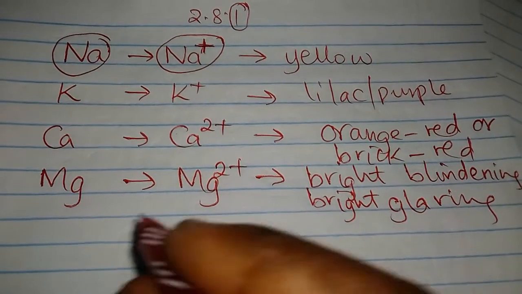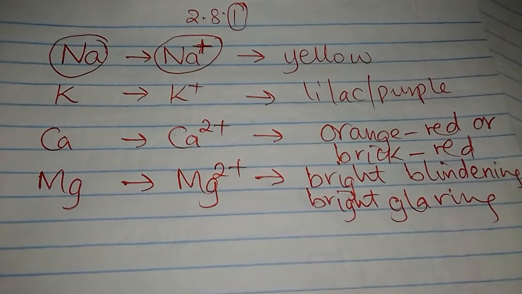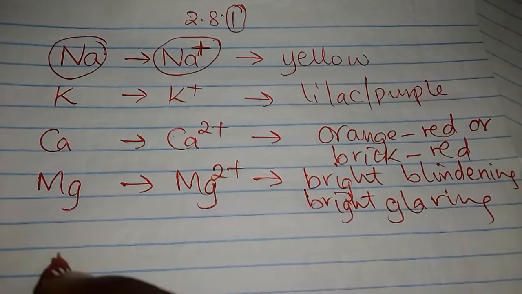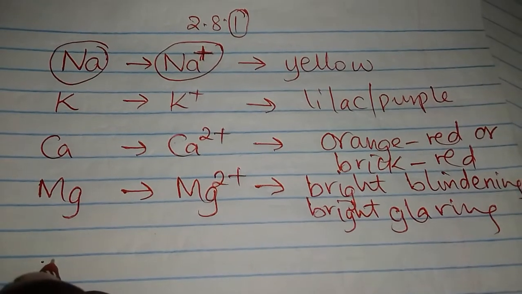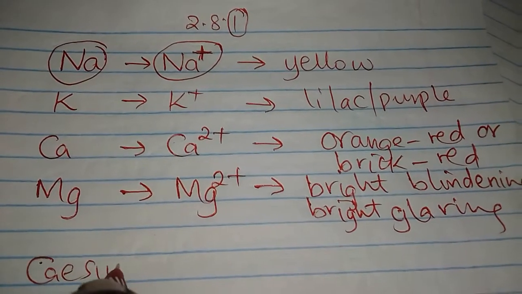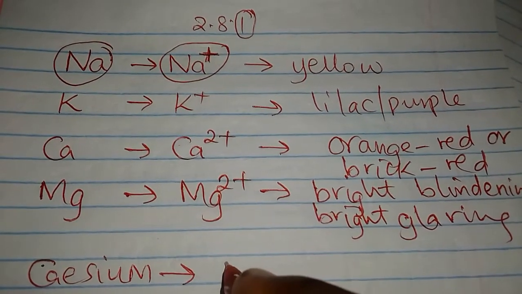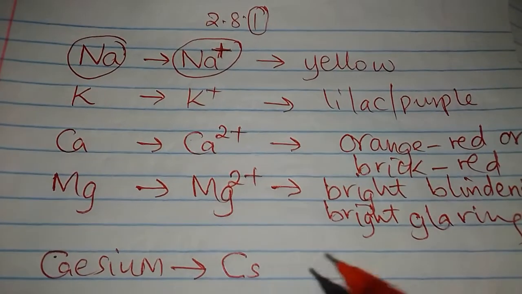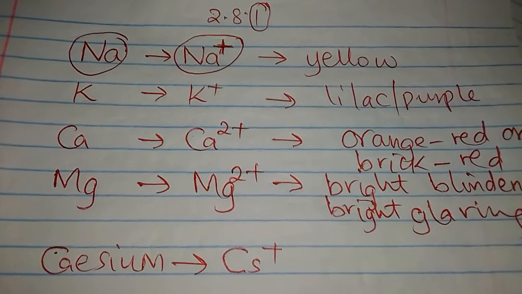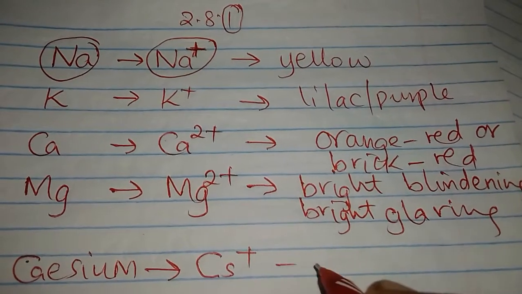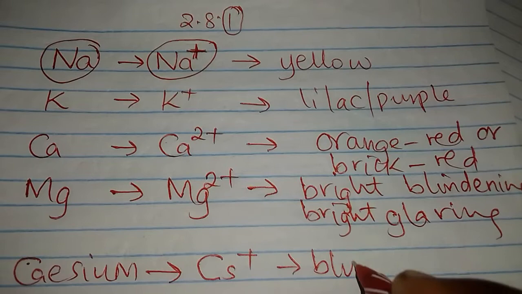If I have, let me say, caesium, a group 1 element, of course I write capital C small s with a positive sign on top of it. This will preferably give me a blue-violet color.